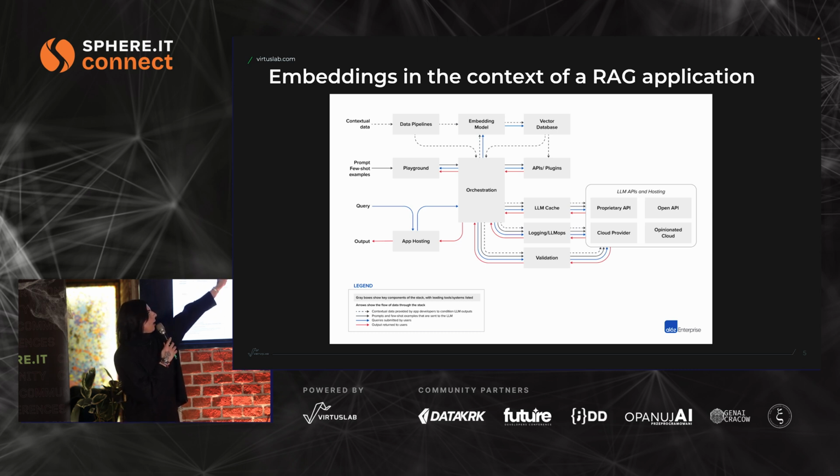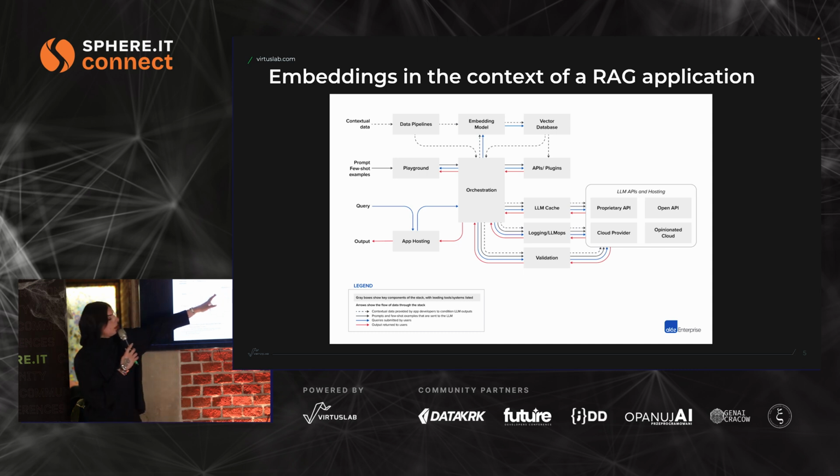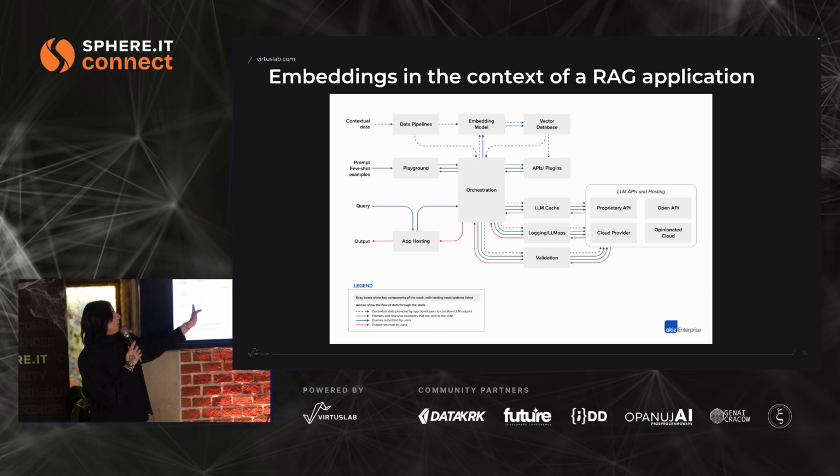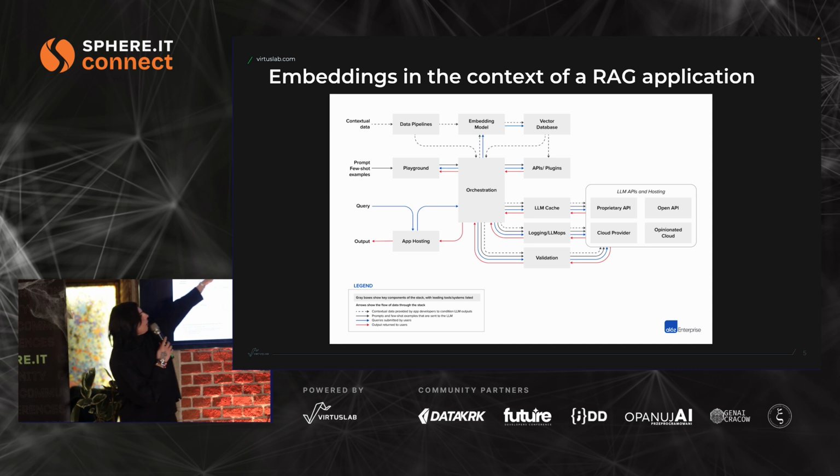We pass that to the vector database, which returns the entries similar to the user query. And using the LLM, we compose an answer that goes back to the user. What I'll be focusing on is the top part, which is the pipeline, embedding models, and getting those embeddings into the vector database.